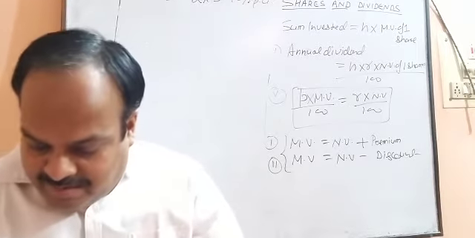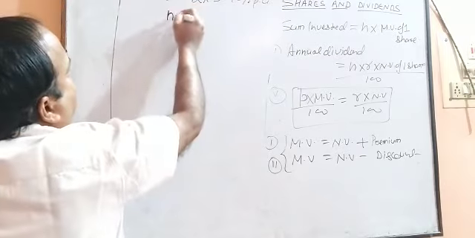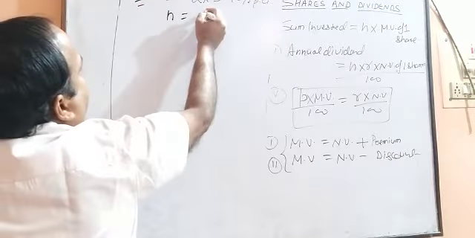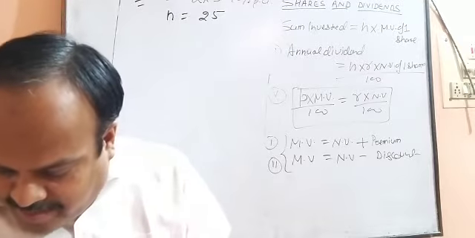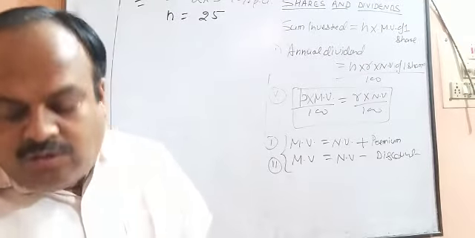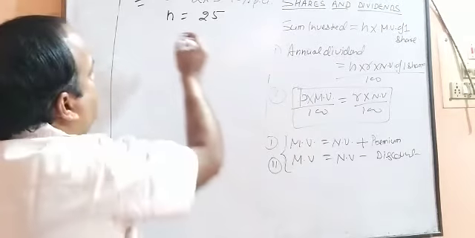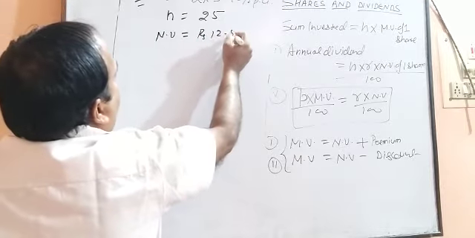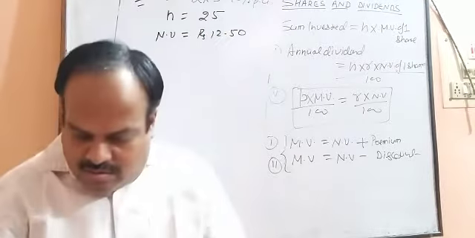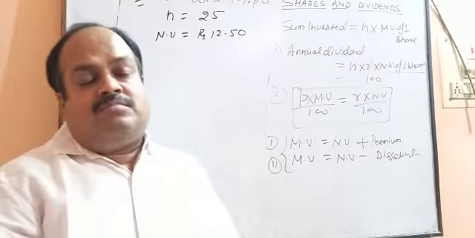Mr. Krishan Lal owns 25 shares, of par value 12.50. Par value means nominal value or face value. How much annual dividend must he receive?